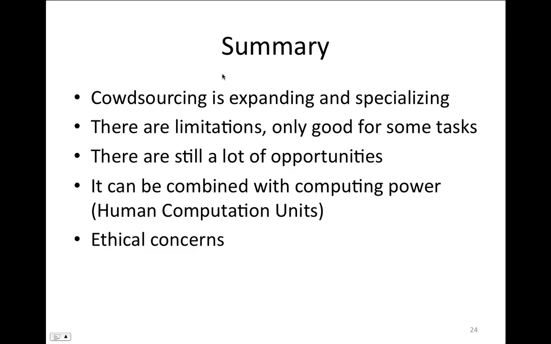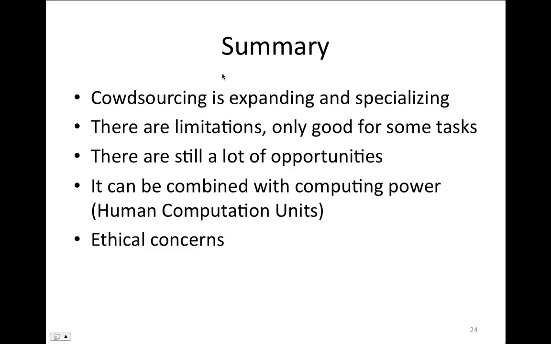But there are still a lot of opportunities, still in its early stages. Especially Mechanical Turk is something that Amazon used internally, and then they didn't really care that much to improve it. And I'm sure there are other ones coming out that can be used in a better way.